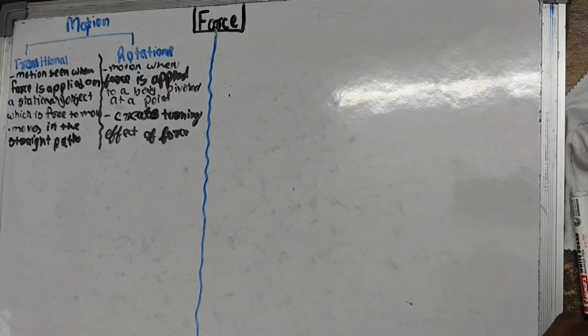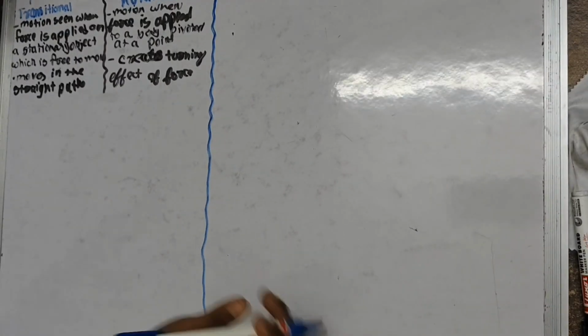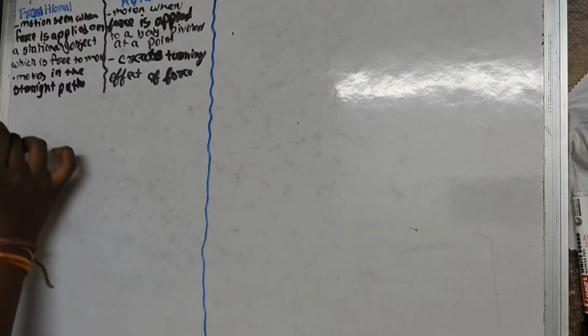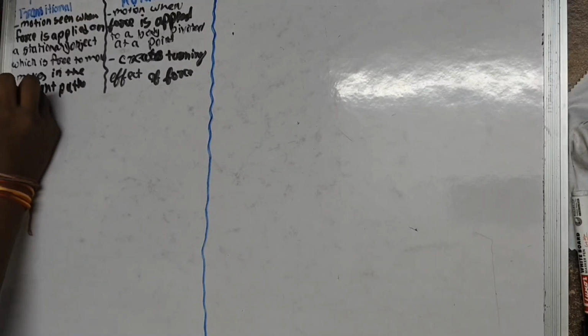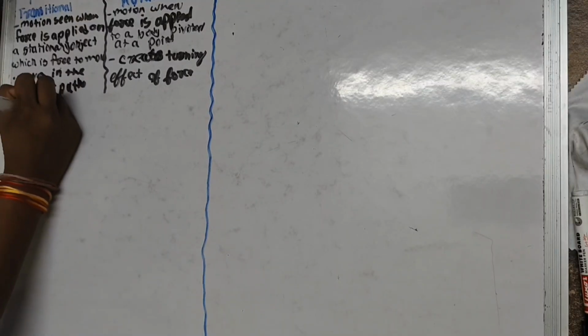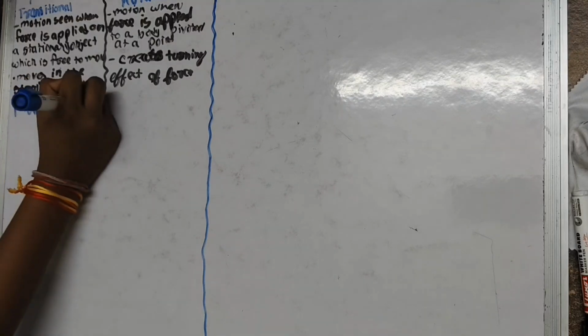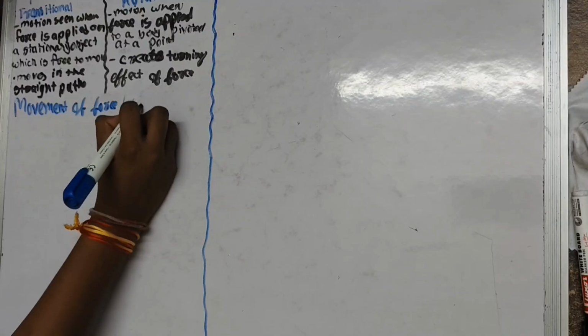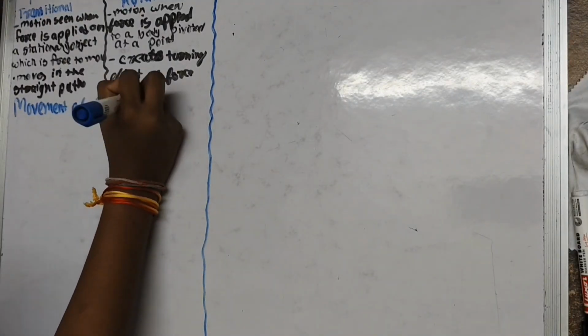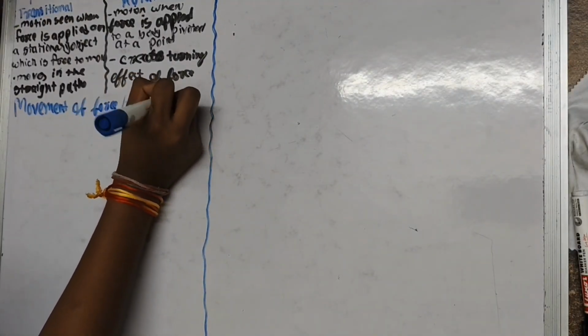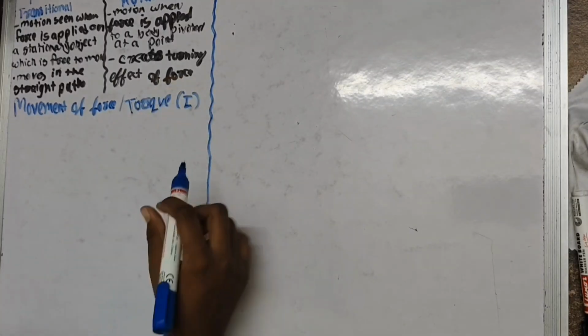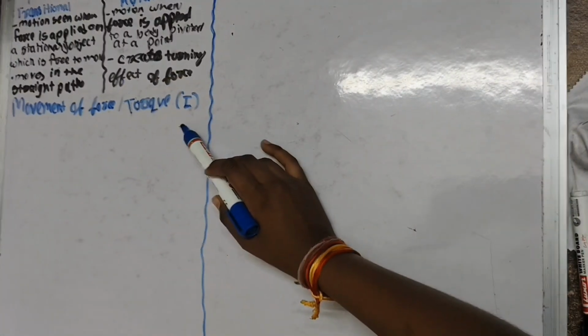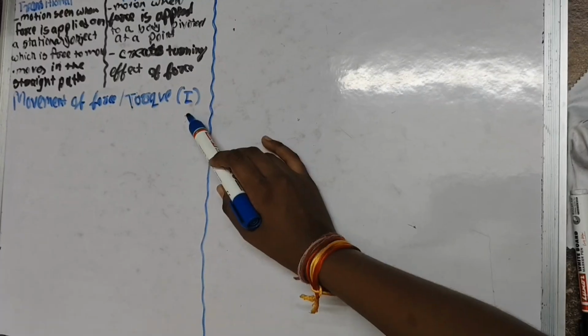Now we are starting with the moment of force, which is also known as torque. And this is the symbol of torque, which is also known as tau.